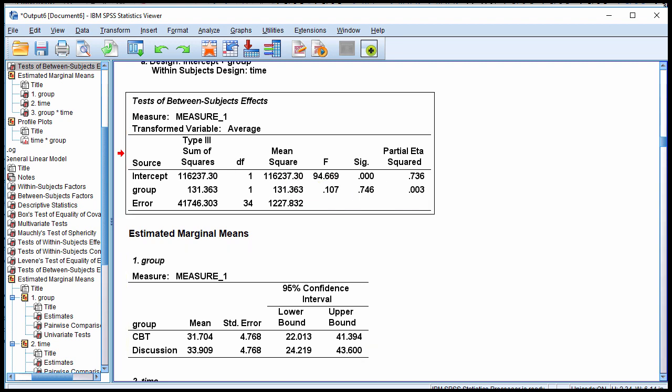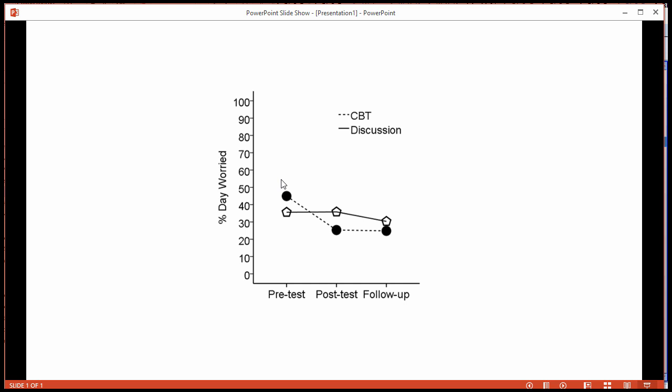If it were statistically significant, you would have to follow up with a series of isolated independent sample t-tests across each level of the within subjects factor, and you'd have to observe them to be statistically significant and in the same direction. Obviously that's not going to happen here because there's a disordinal interaction from pre-test to post-test, so it's impossible for CBT to be higher than discussion or discussion to be higher than CBT across all levels.